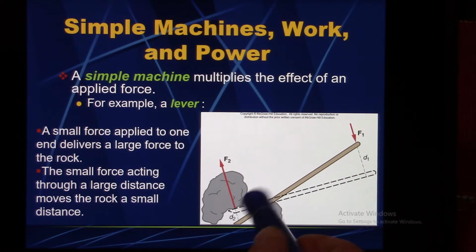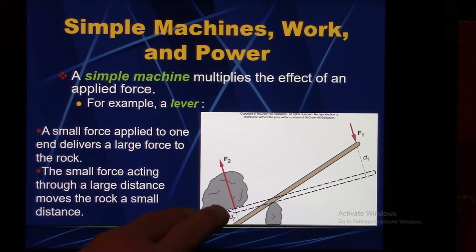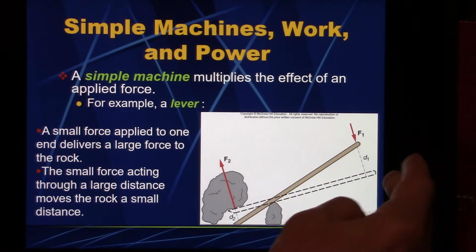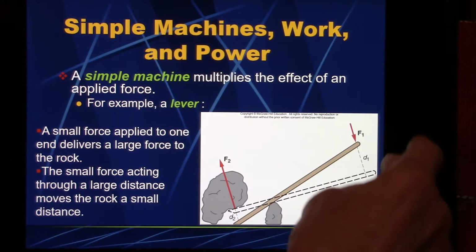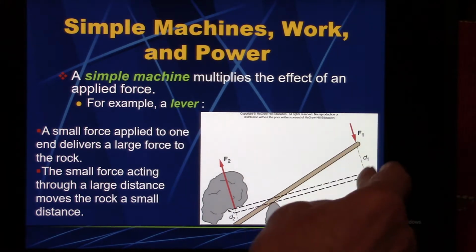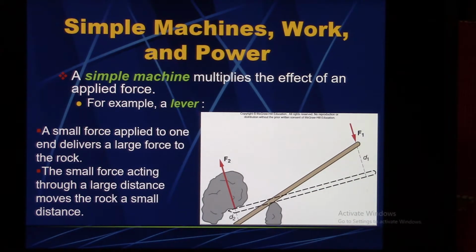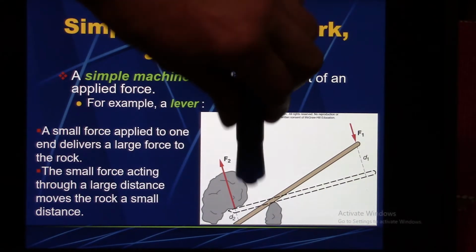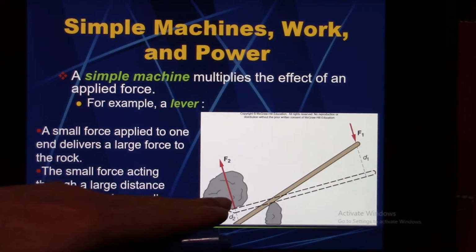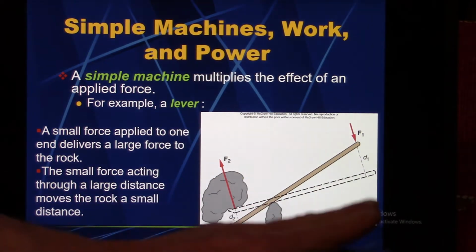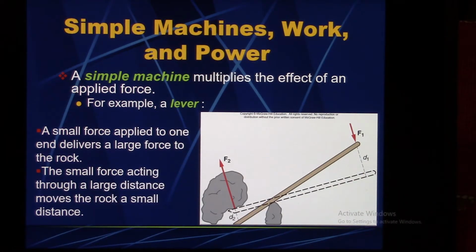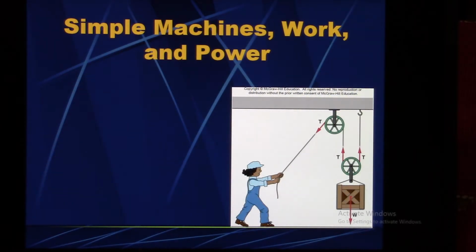The secret is you can only move the rock a little bit here, but although you use a smaller force, you have to move it through a longer distance. So that's how you get a mechanical advantage. You're able to lift something heavier, but it comes at a cost in that you have to move this side a farther distance, okay? Simple machine.